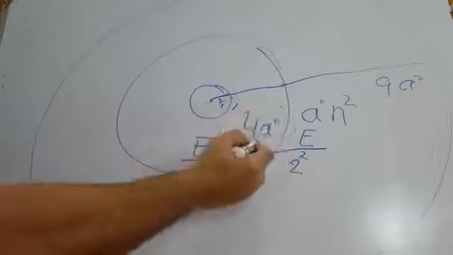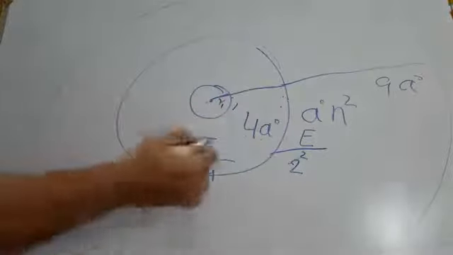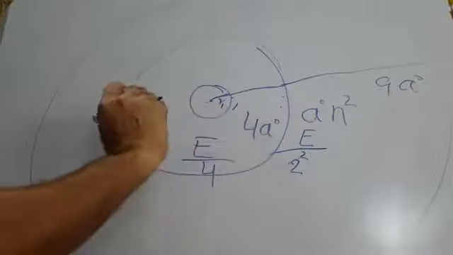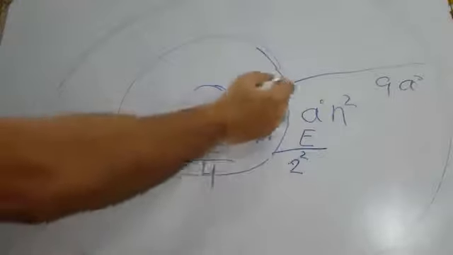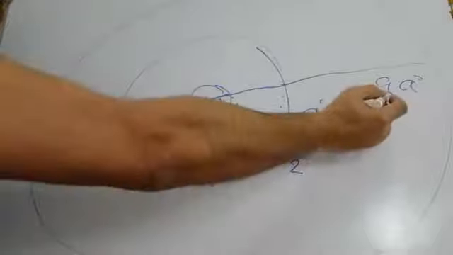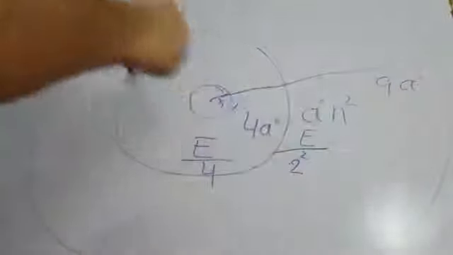The radius goes as the square of the nth orbit, and the energy goes as 1 upon the square of that orbit. Means if the energy becomes 1/4, the radius becomes 4 times. Here the energy becomes 1 upon 9th and the radius becomes 9 times. Now you can solve equations related to all these transitions.